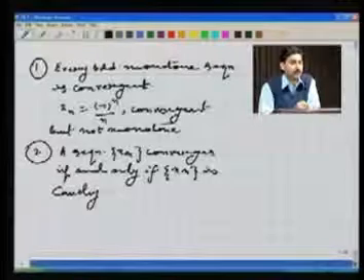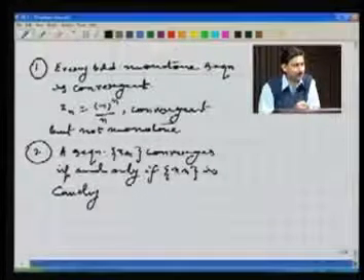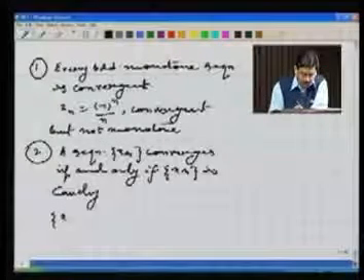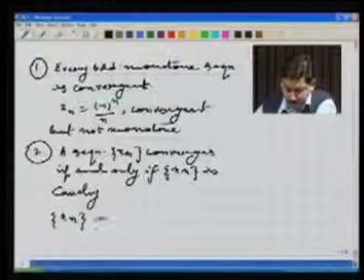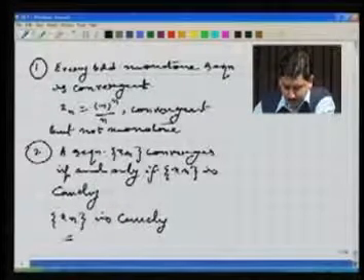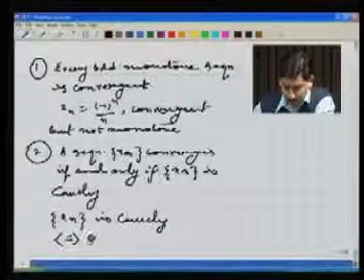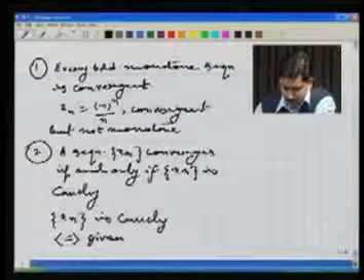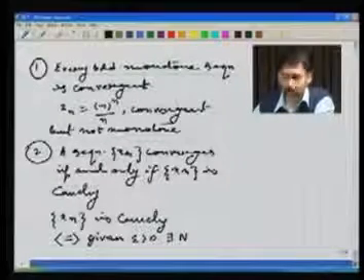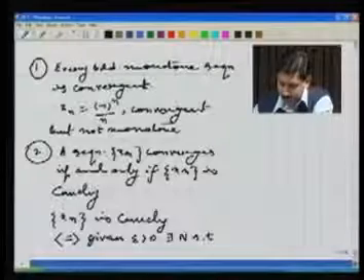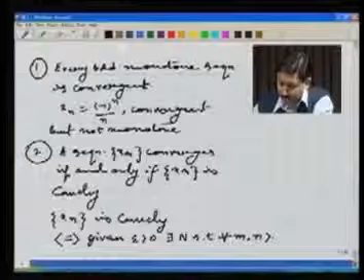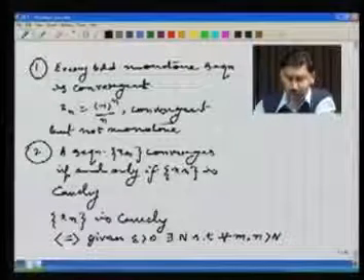And we know the definition of a Cauchy sequence. So let me write it once again: xn is Cauchy if and only if, given epsilon bigger than 0, there exists a stage N such that for all m, n bigger than capital N, the following inequality is true.